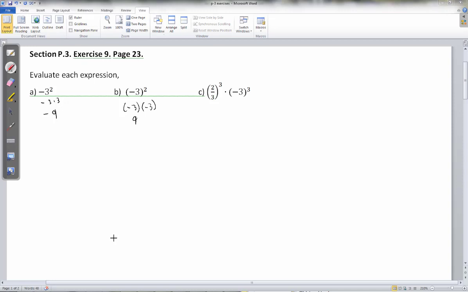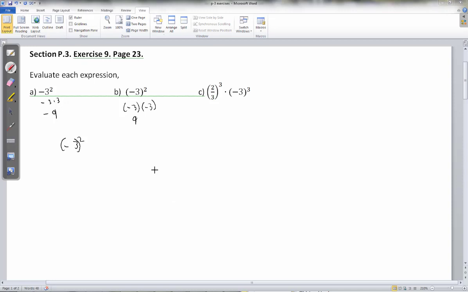Honestly, the place I see students mess this up the most is not on problems like this. It's when they try and take something like this and plug it into the calculator. Most of my students would just type negative 3 squared, but that'll get you this. If you want to square a negative 3, you need to make sure it's in parentheses.